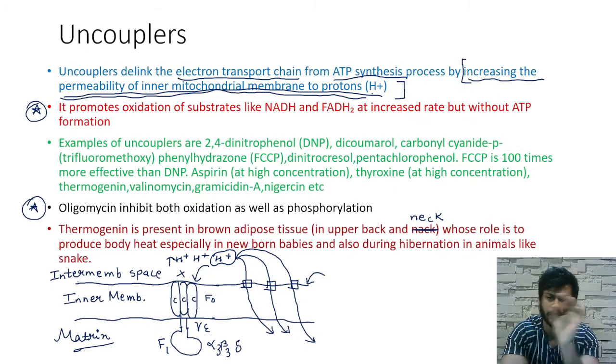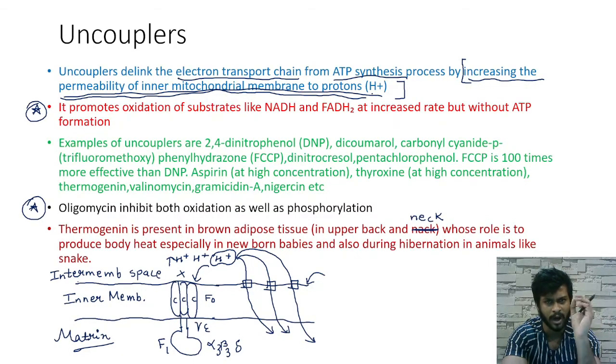So if the protons do not pass through ATP synthase, will ATP synthesis occur? It will not occur, because when four protons pass through ATP synthase, it produces one ATP. But if protons are passing through the inner mitochondrial membrane, because its permeability for protons is increased by uncouplers, and they are not passing through ATP synthase, ATP synthesis will not occur.